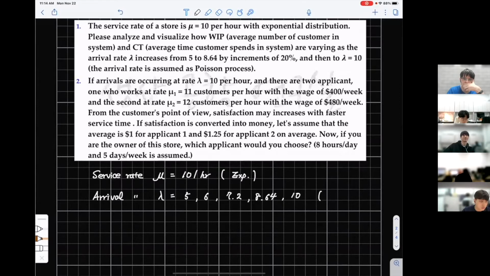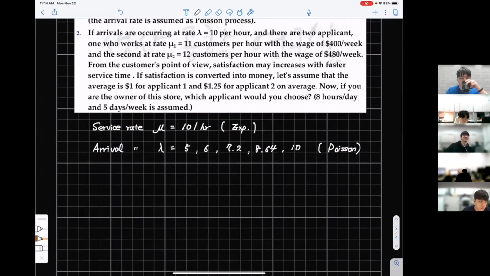Also, this follows a Poisson distribution. So this is the very simple M/M/1 model.